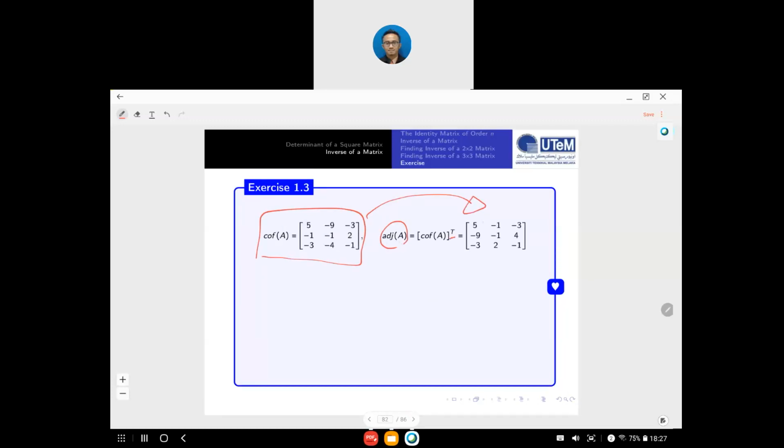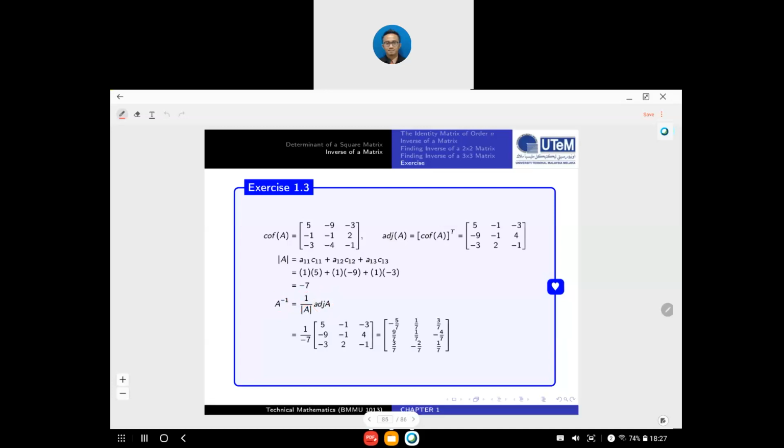So you can get 5, negative 1, negative 3, negative 9, negative 1, 4, negative 3, 2, and negative 1. And then you need to find the determinant of matrix A, so you can get negative 7.